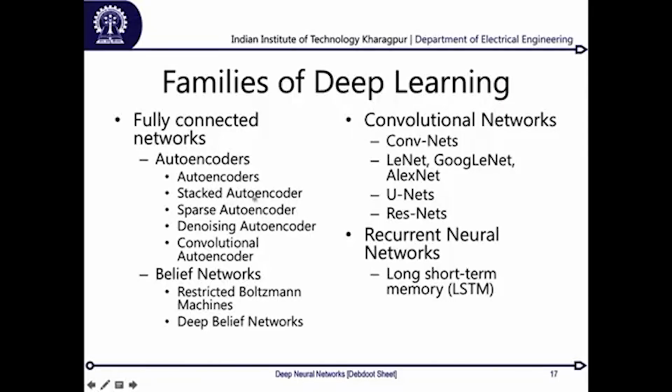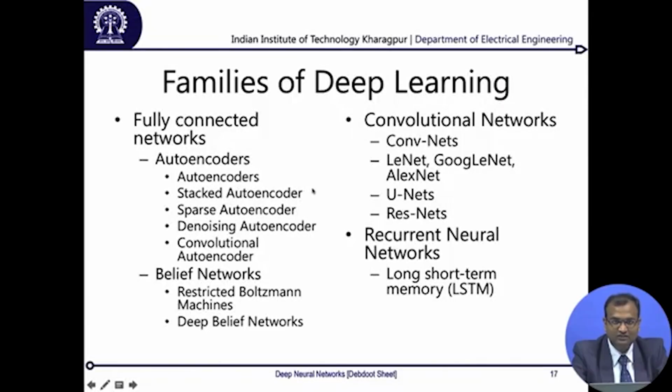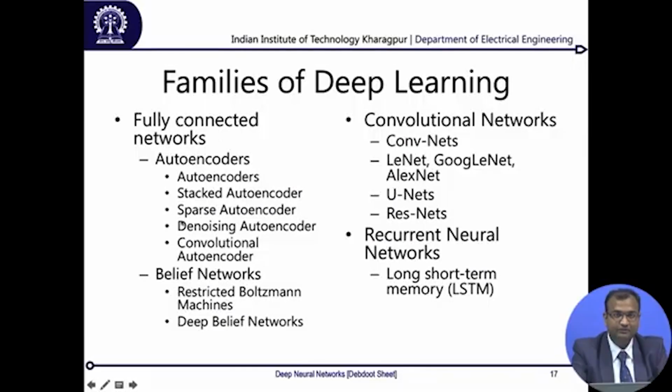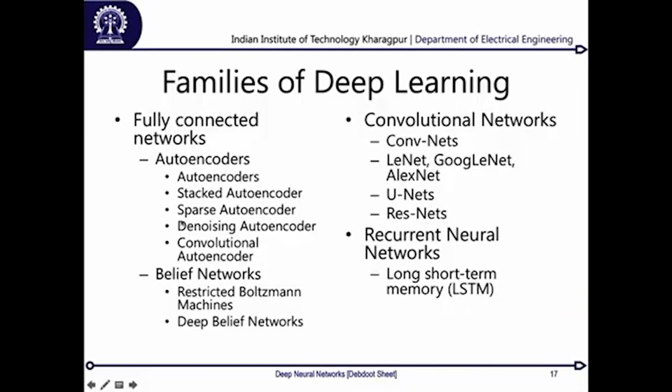Then we have a stacked autoencoder, where you stack autoencoders one by one and create a much deeper network, and that's where it gets its name. Next one is a sparse autoencoder. We had seen that problem in the last class, where we were trying to solve pixel level labeling problems on the optical coherence tomography images in order to find out which pixel belongs to what kind of tissue.